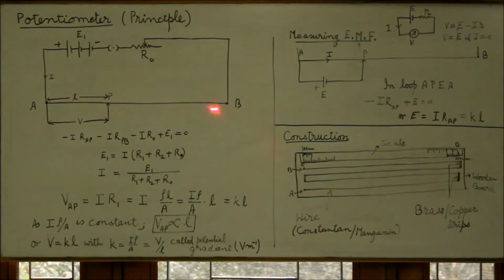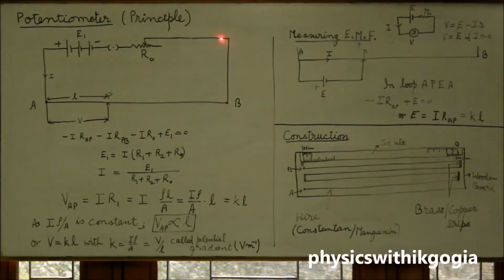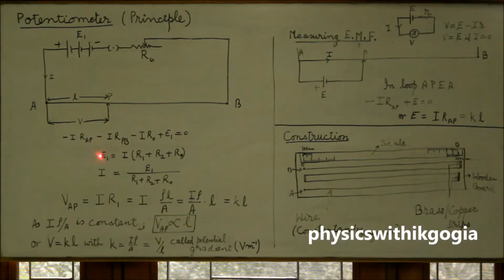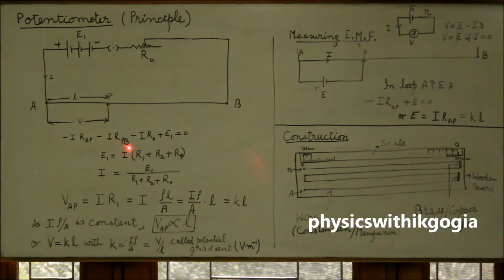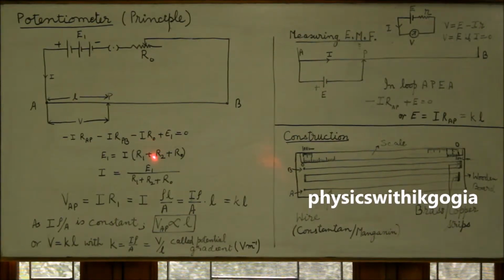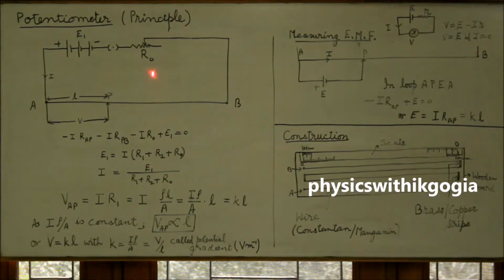Here we are moving along the direction of current, so the product I RAP will be negative. Here again along the current, and in this resistance also along the current. So all the three products I RAP, I RPB and I R0 are taken as negative in Kirchhoff's law.